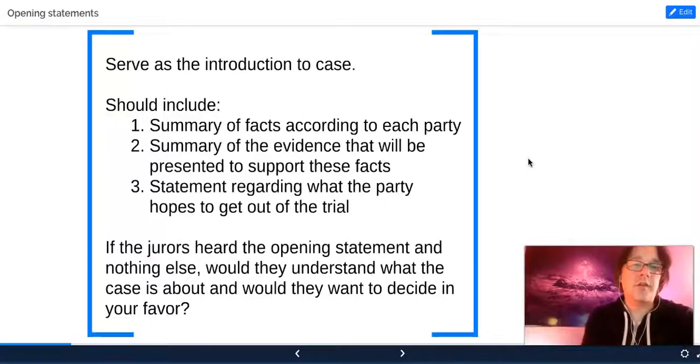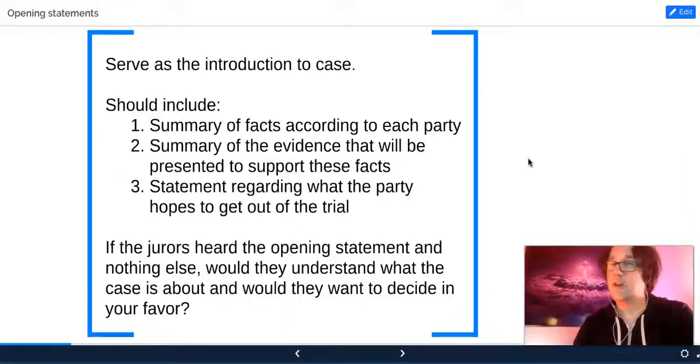So if the jurors heard the opening statement and nothing else, would they understand what the case is about, and would they want to decide in your favor? That's essentially two questions that your opening statement should answer, right? Or should be able to answer.